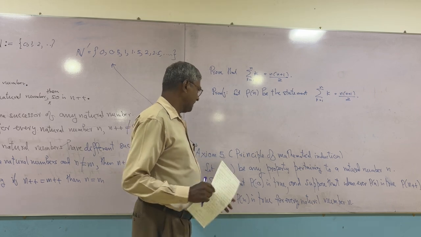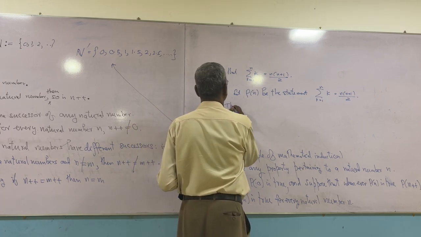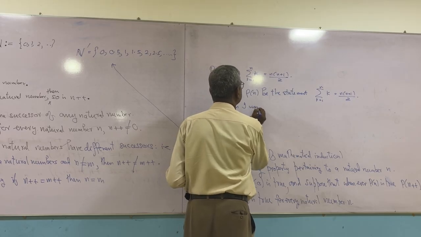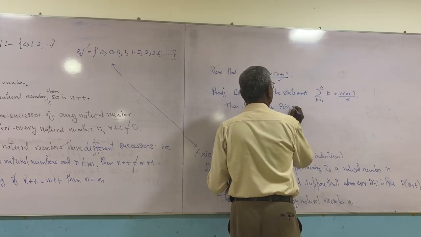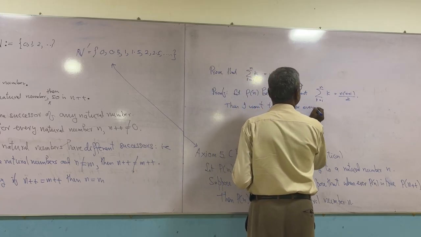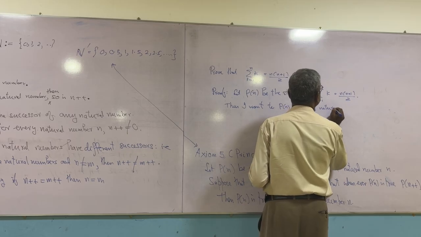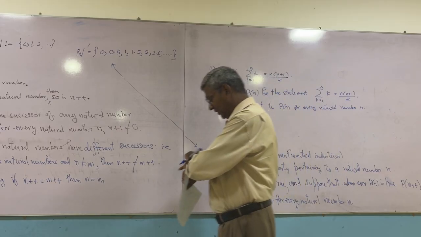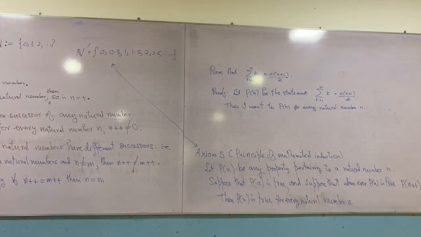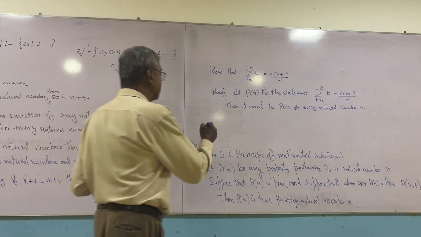So I said P n. Thus I want to prove P n for every natural number n. So that's why here a certain property P n is true for every natural number n. So according to him, we use induction. So I will say we use induction. I will also write.